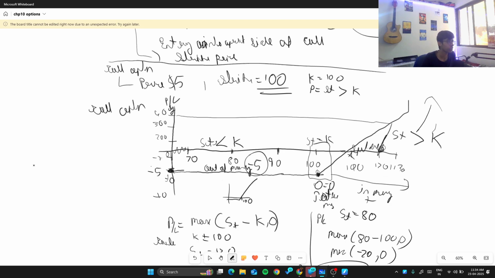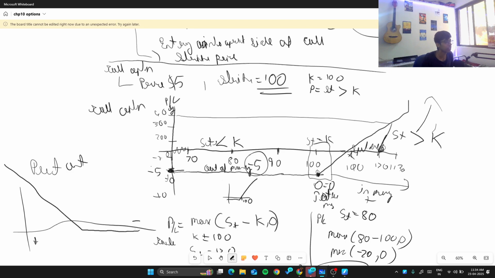And in a put option it will be different. If ST is less than K, we are in the money, we are in profit.